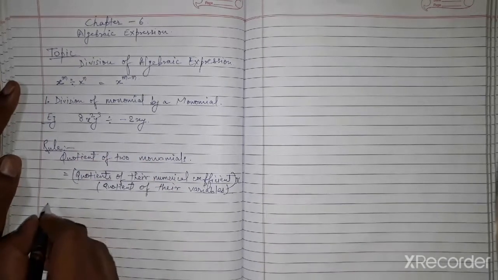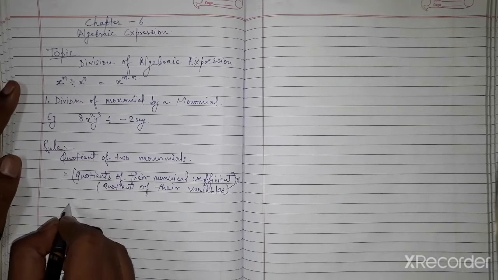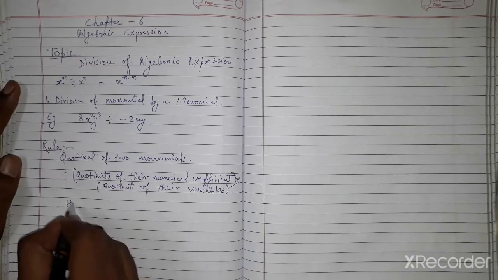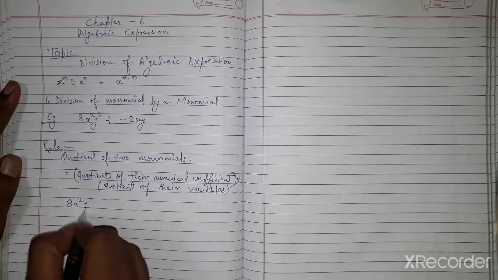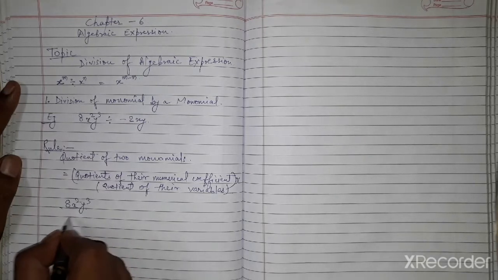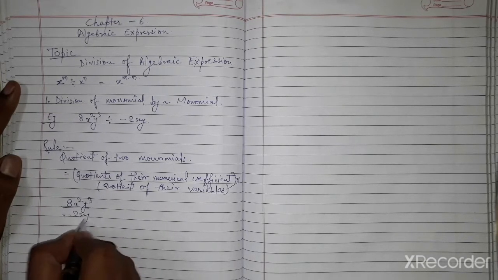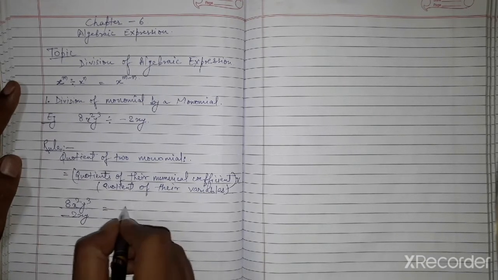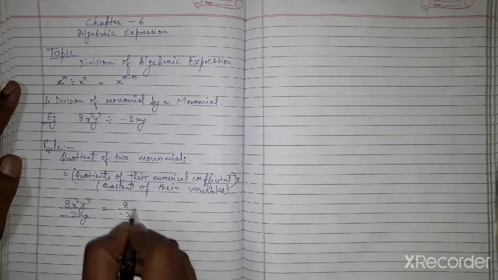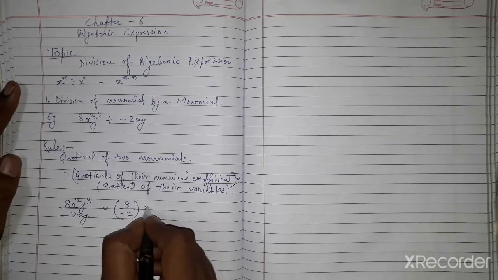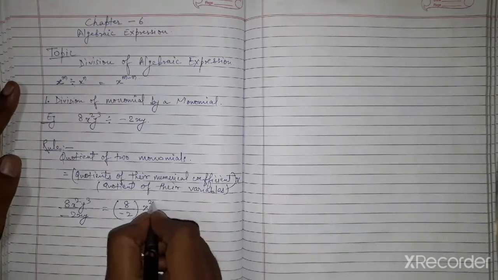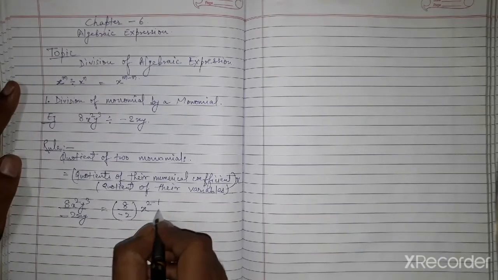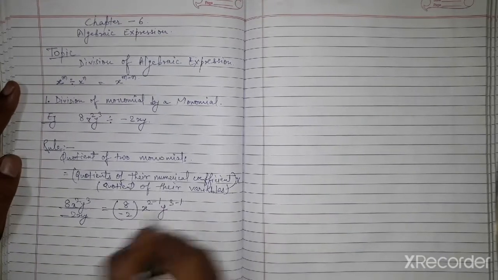So let's solve it. So I may write it this way: 8x square y cube divided by minus 2xy. So it will be written as 8 by minus 2, x 2 minus 1, y 3 minus 1.